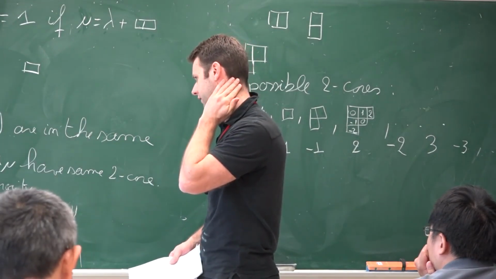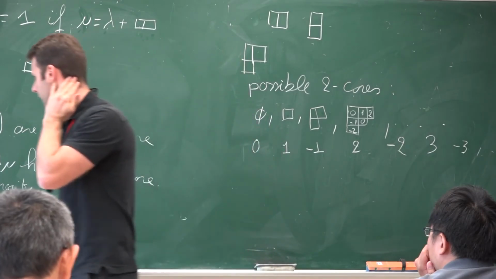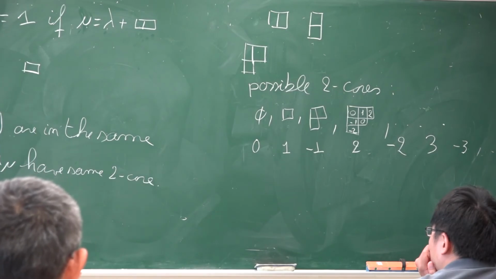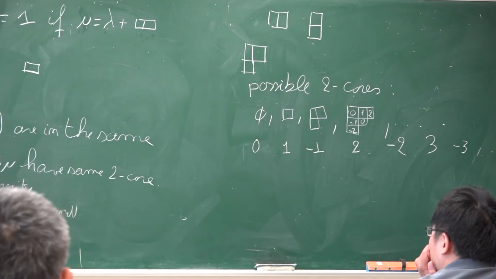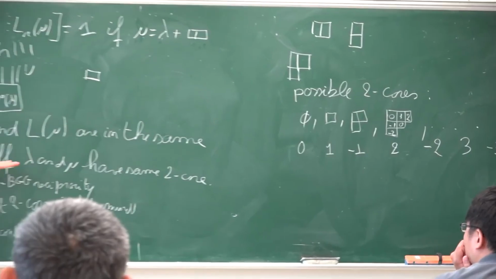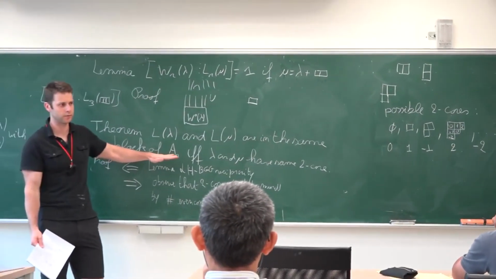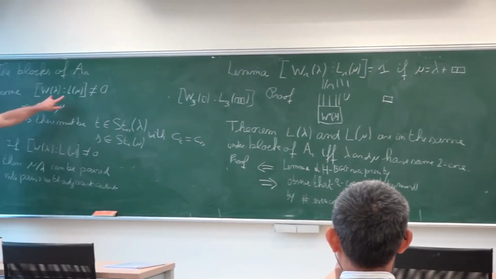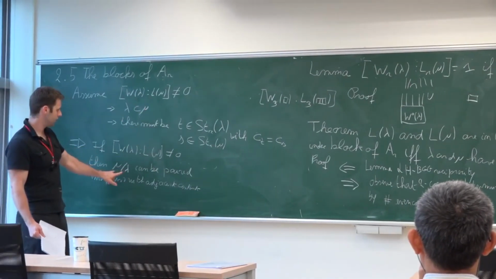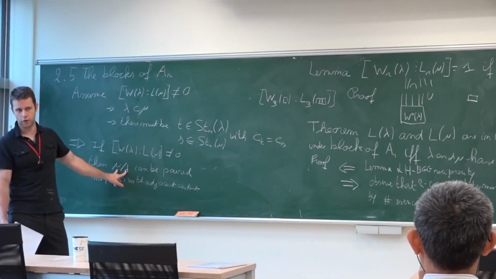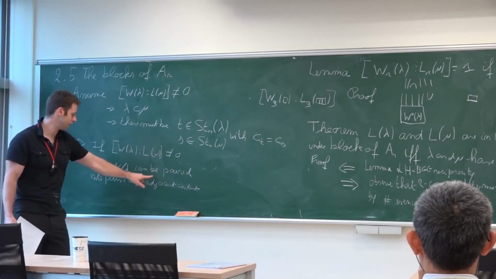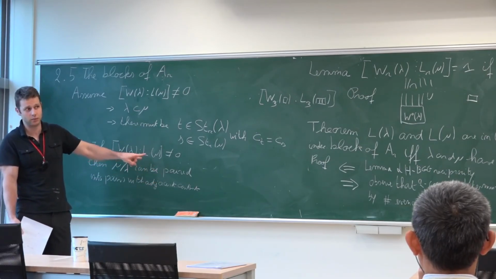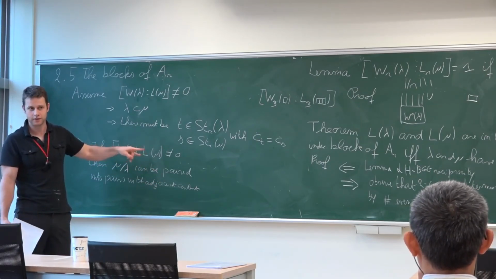Okay, so what happens next? Now let's say that 2 partitions have a different 2 core. We need to prove that they're not in the same block. Well, if they have a different 2 core, then I can never have a multiplicity here, because the boxes which appear in one and not the other must be paired into pairs with adjacent content. So each pair with adjacent content is one with an even, one with an odd content.